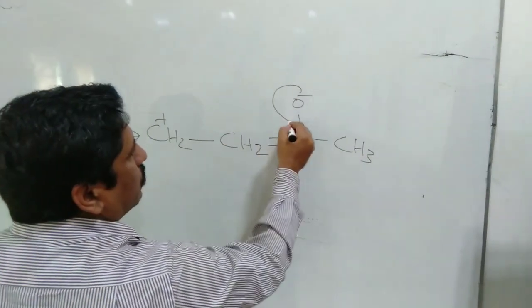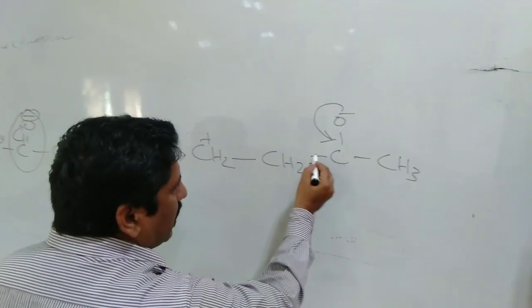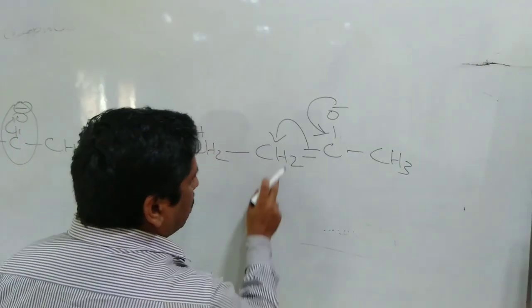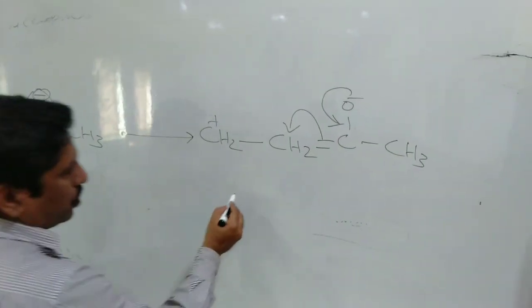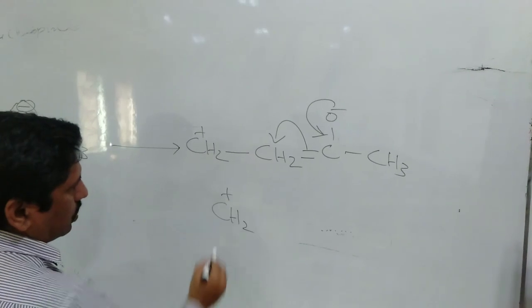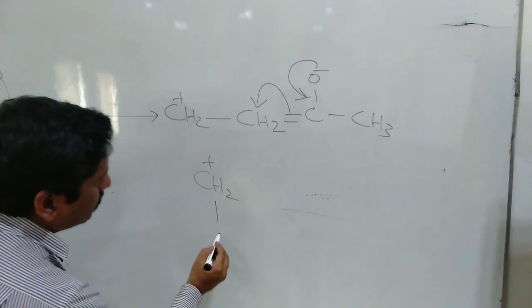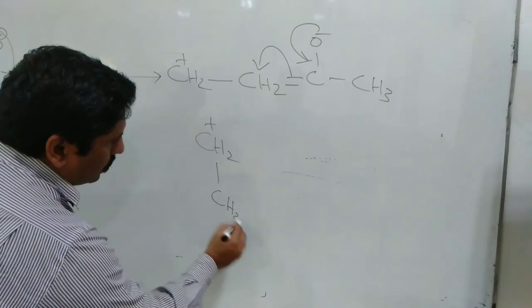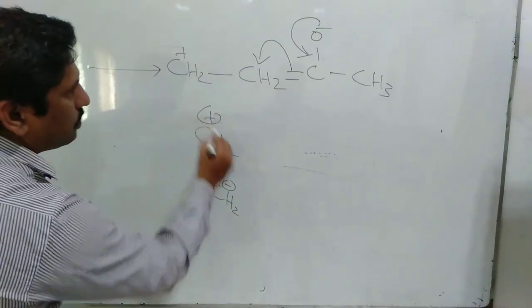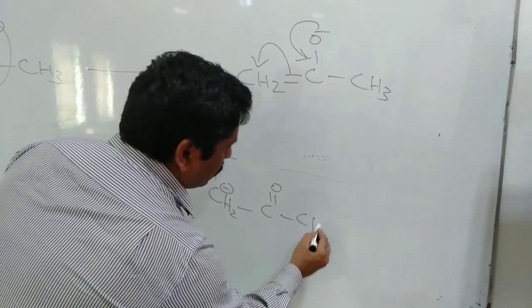When that oxygen moves towards the carbonyl carbon, the pi electrons will move towards that methylene group, so your dienophile will be formed: CH2 negative, positive, and that contains C double bond CH3.